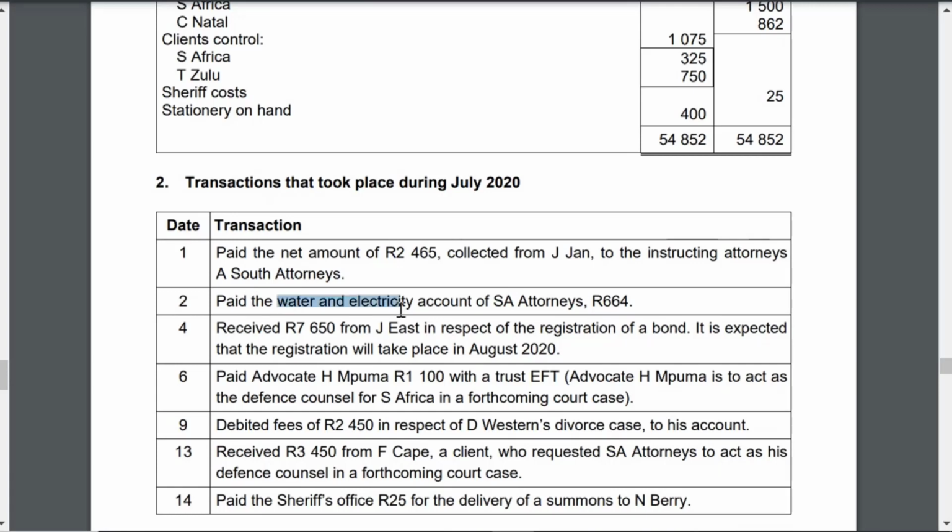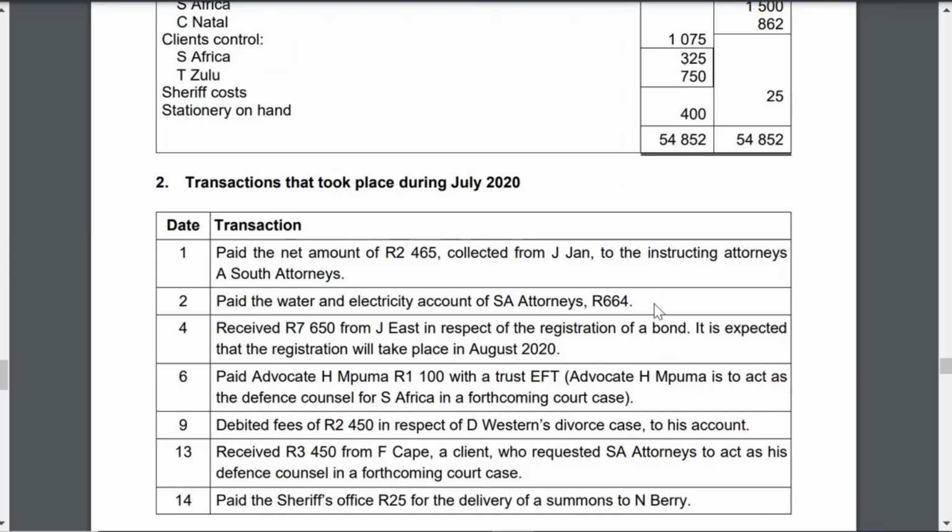This is an expense, which is water and electricity, and that expense was paid by the business, SA attorneys, for 664.